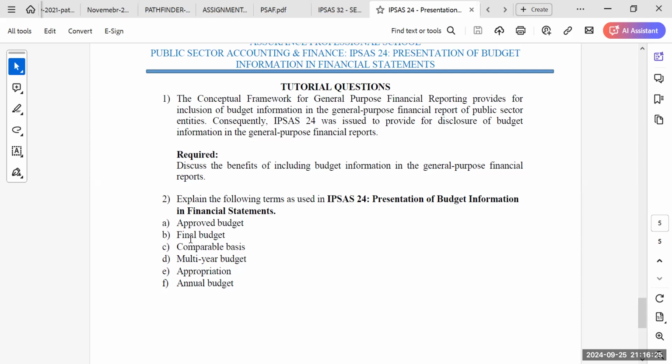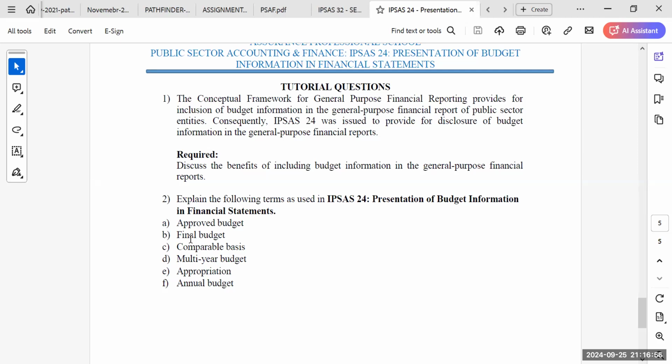So that is not bad. Comparable basis is where you compare your approved budget, or the budget that has been implemented, with the actual result for the year. So what you do is that you prepare your actual amount on the same basis and for the same period as the approved budget, for purpose of identifying variances or whatever we have to do.